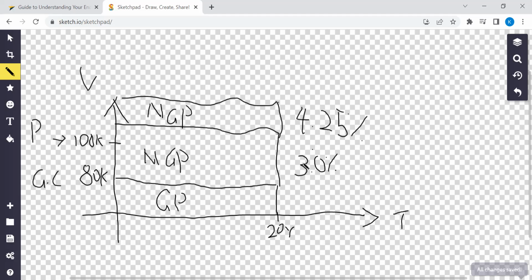But this is only true for maturity. If you do an early surrender, there is likely to be a loss. The surrender value will look like an exponential graph. So this curve is the surrender value.